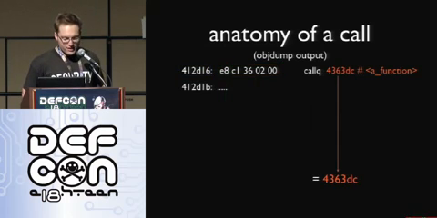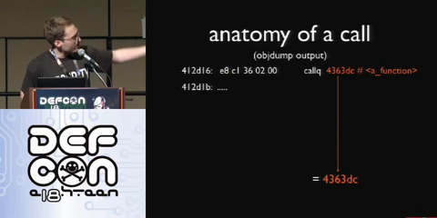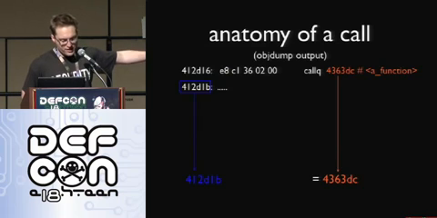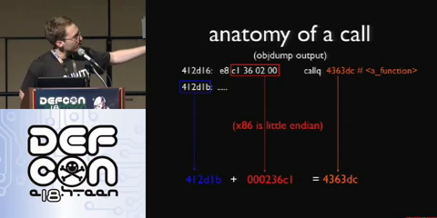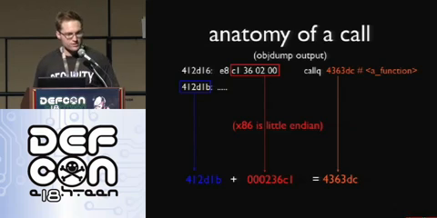The way that's actually calculated is you take the address of the next instruction that's going to be executed and add it to the 32-bit displacement. Remember that x86 is little endian, so you need to flip the bytes around before you add it.